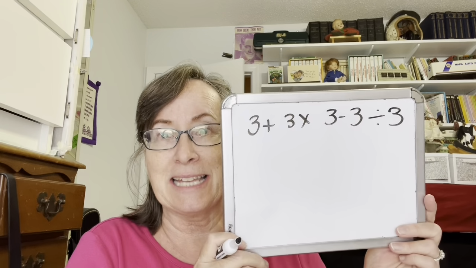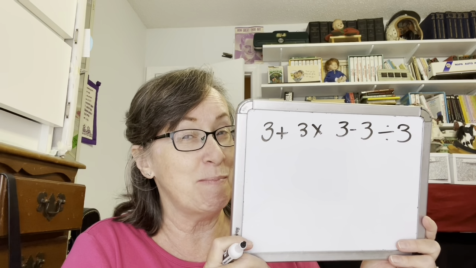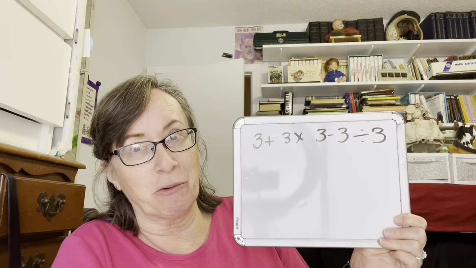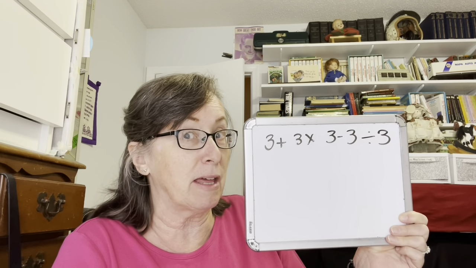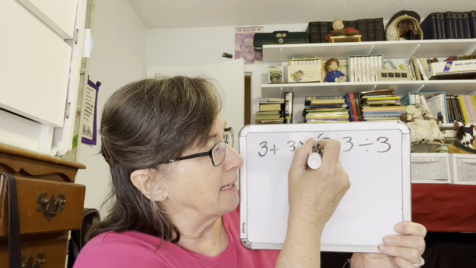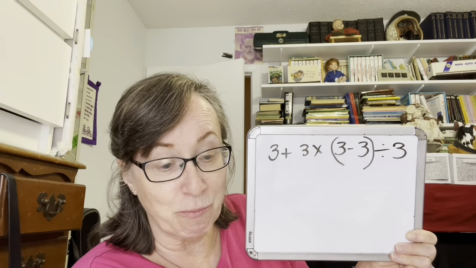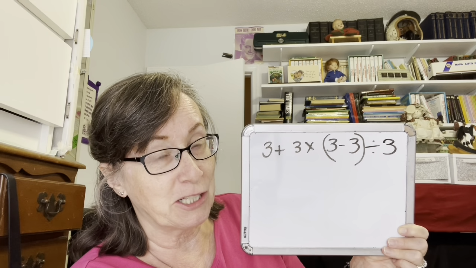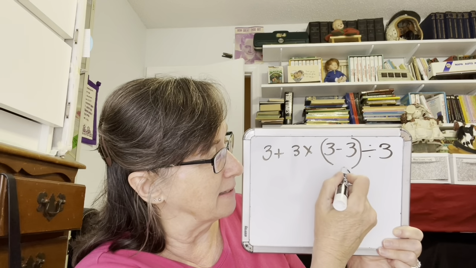The second part of this example says, now take the same expression, but put in one set of parentheses and make it equal 3. Okay, so you could go through and look at each one and say, okay, if I put a parenthesis here, will it equal 3? If I put a parenthesis there, will it equal 3? This is the trick right here. If we put a parenthesis around 3 minus 3, now let's see what our order of operations says. It tells us to go do this one first. 3 minus 3 is 0.